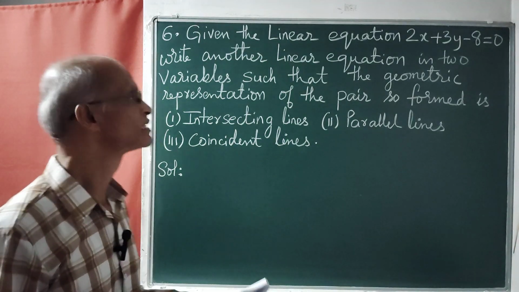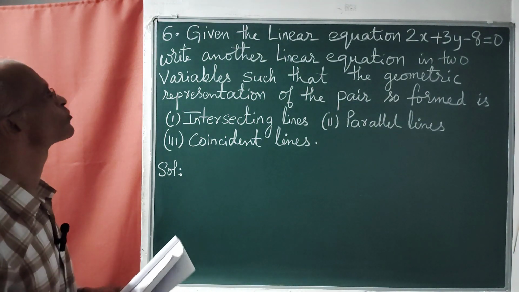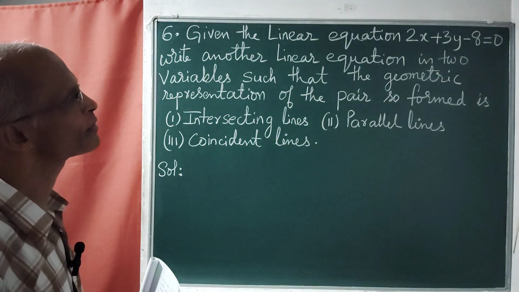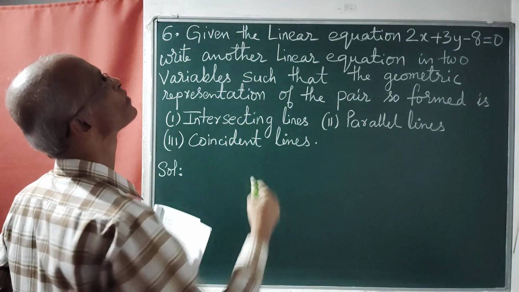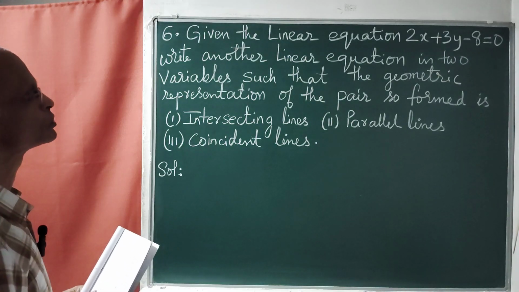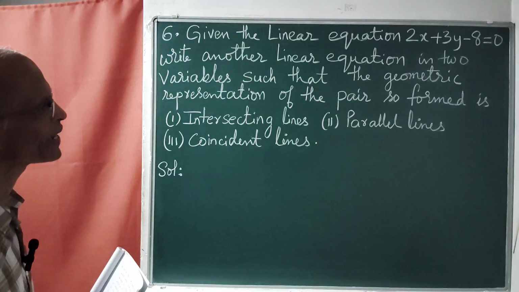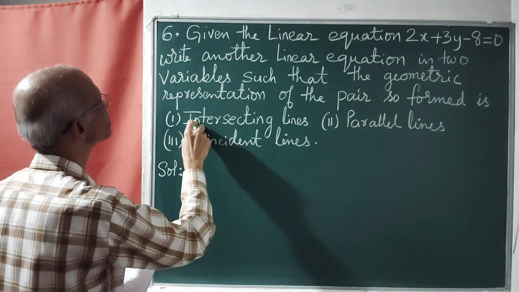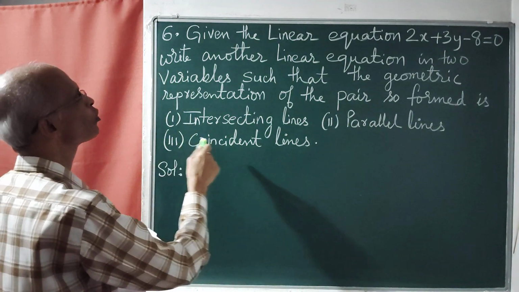Now come to the sixth sum. The sum says, given the linear equation 2x plus 3y minus 8 is equal to 0, write another linear equation in two variables such that the geometric representation of the pair so formed is intersecting lines, parallel lines, and coincident lines.